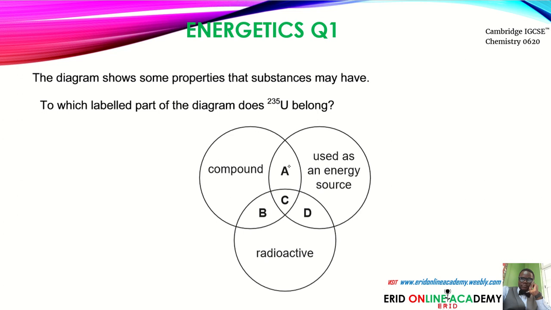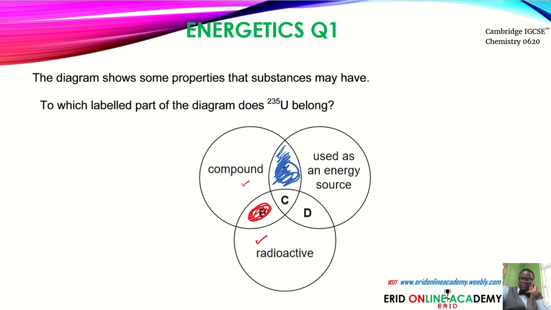Now A here simply means that whatever this shaded part concerns is both used as an energy source or compound. So this particular area in red, which is B, simply means that that particular substance is radioactive and it's a compound.